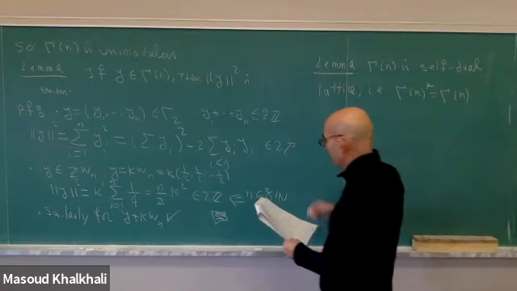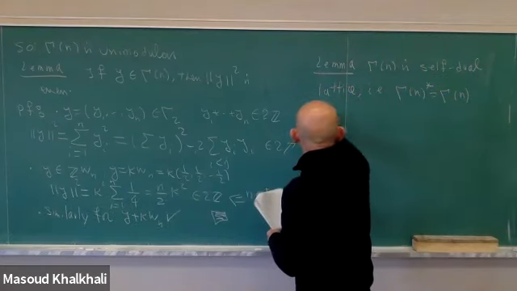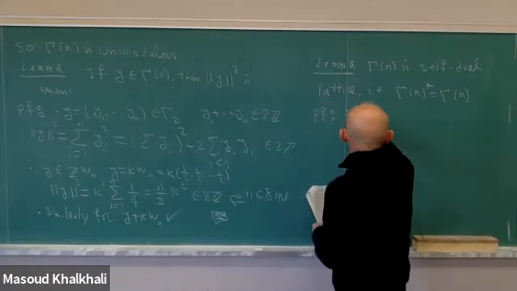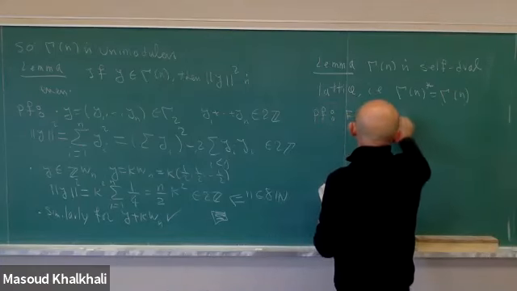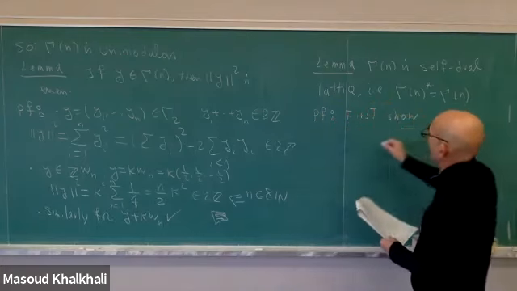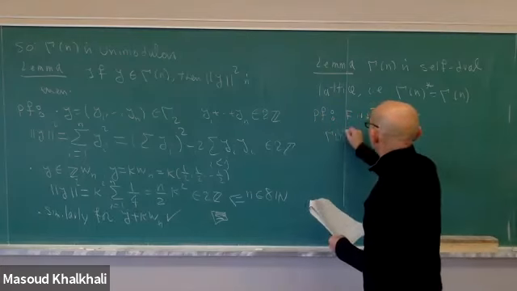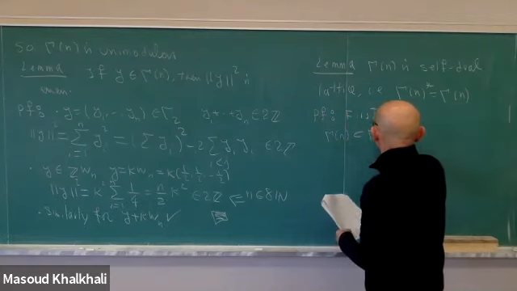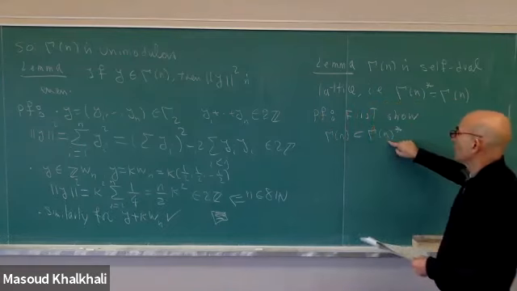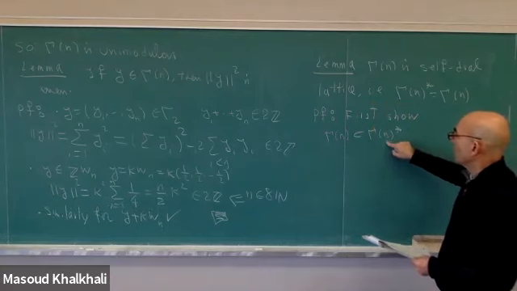Okay, so proof. First we have to show gamma n is inside gamma n star. Gamma n star are all those vectors that pair integrally with gamma n.